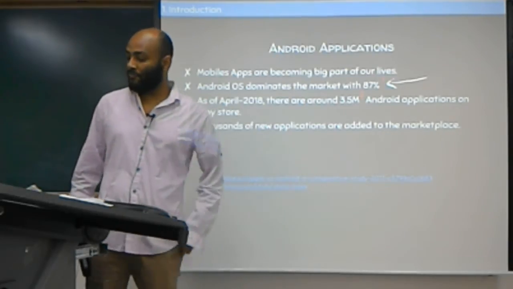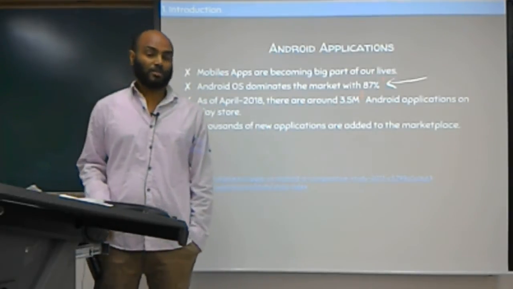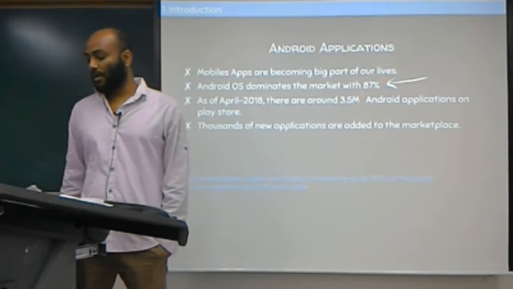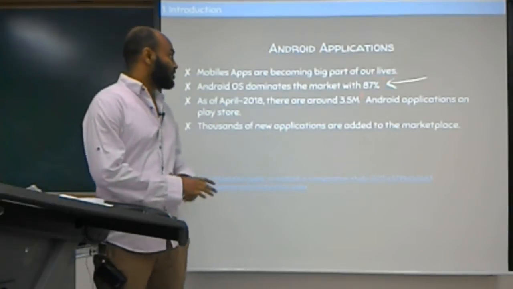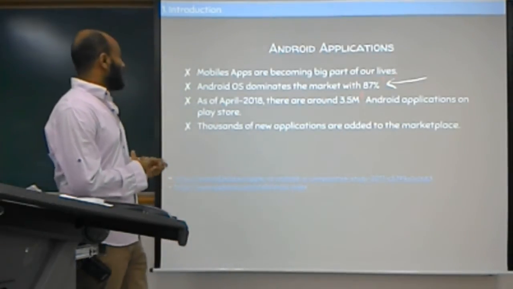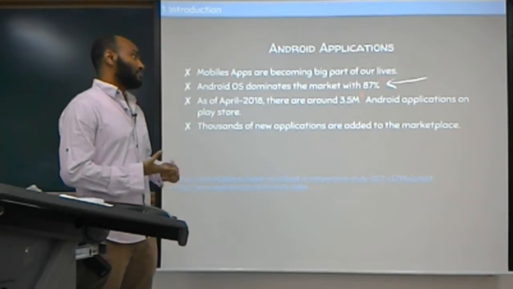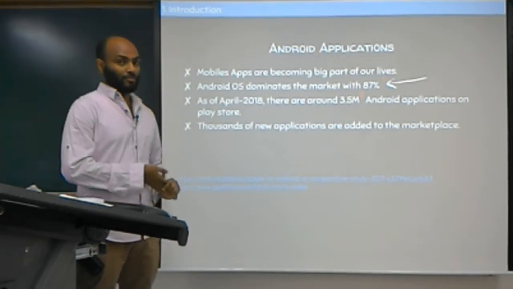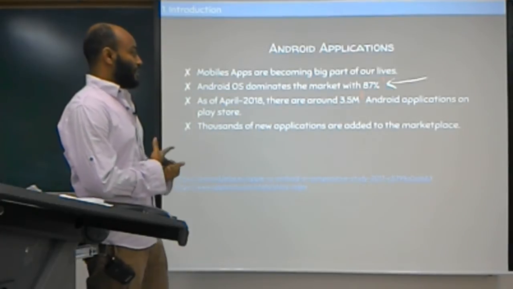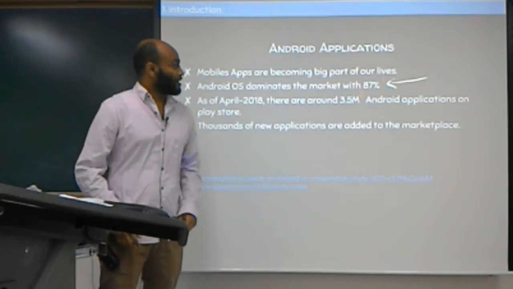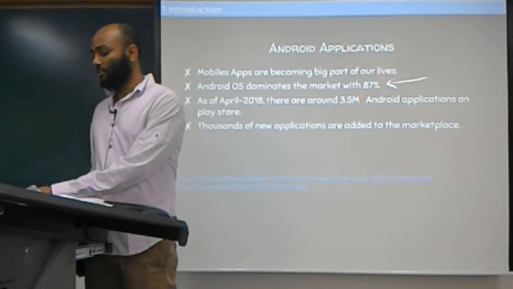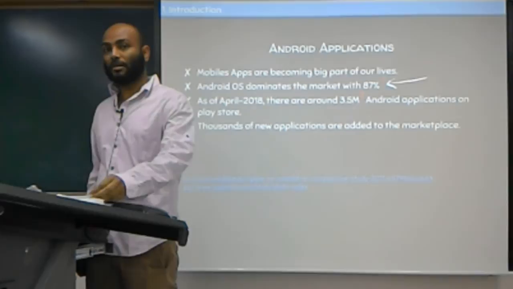Android dominates the market with around 87%, while iOS comes a distant second with 12%. As of April 2018, there are around 8.5 million applications on Play Store, and thousands of new applications are added to the marketplace each day. That means Android applications take a larger share of the market.